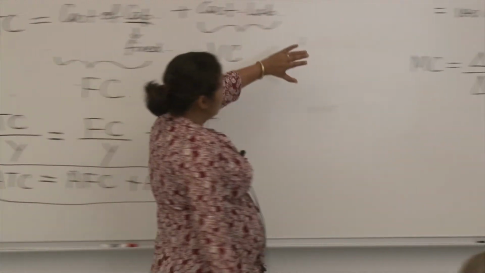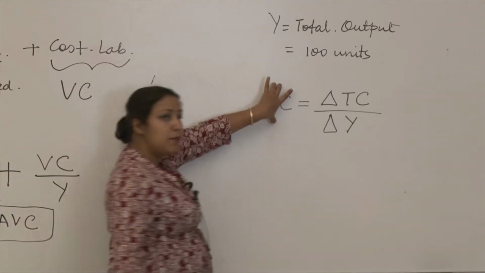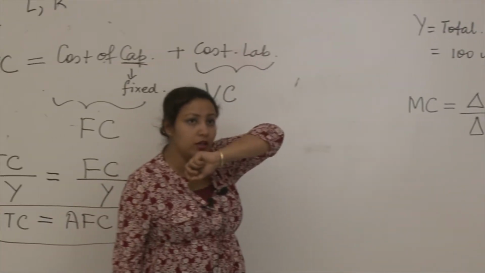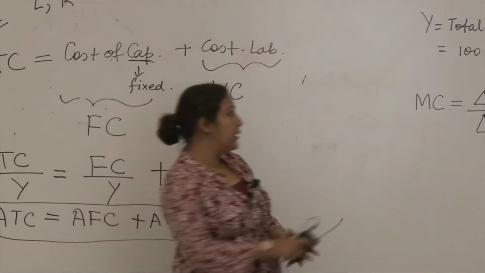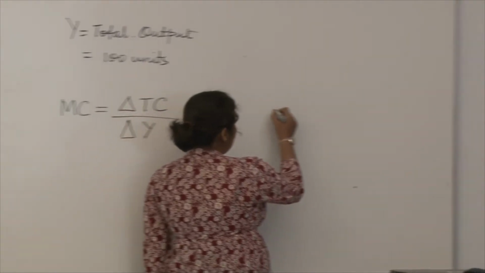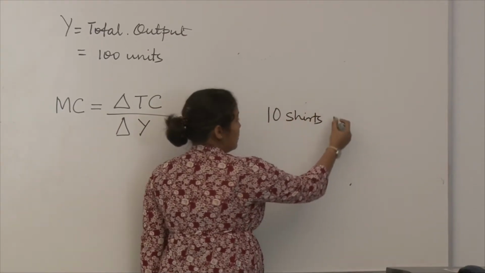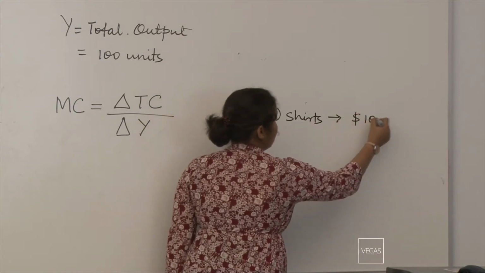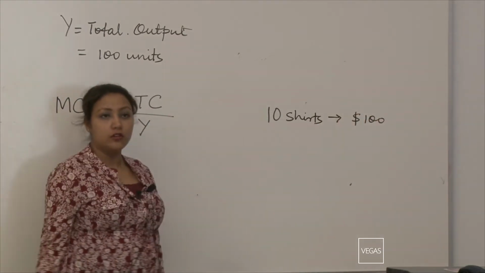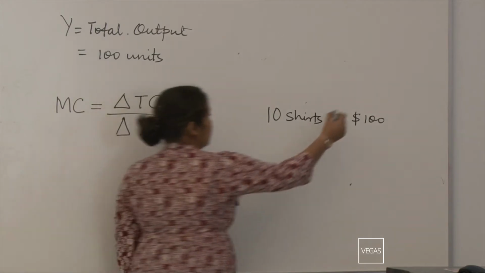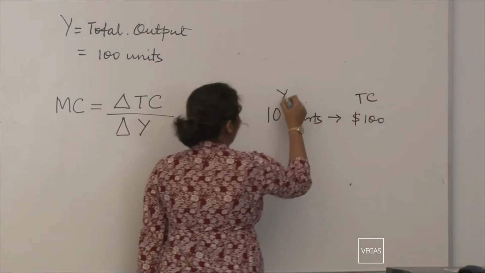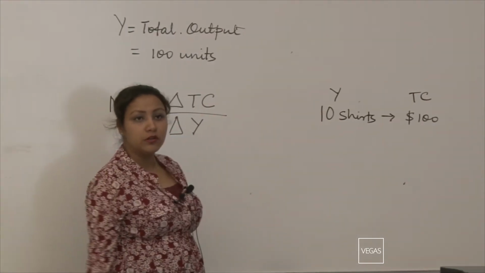So, let us say I am producing the 11th shirt. I was producing 10 shirts, and I was spending $100 to produce those 10 in total. This was my Y, that is how much I was producing.